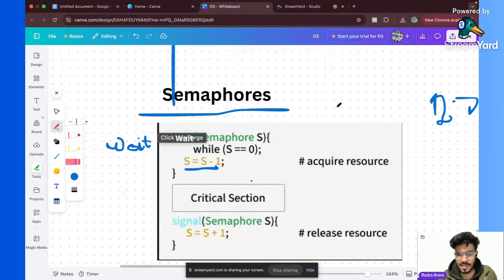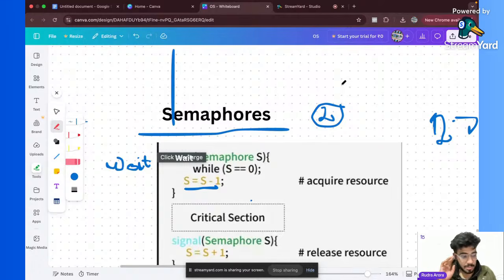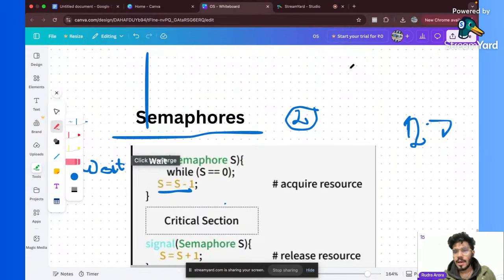What happens if there are two resources and three processes? Please be very attentive to what I'm saying: there are three P's, I'll refer to them as P's, and there are two resources.